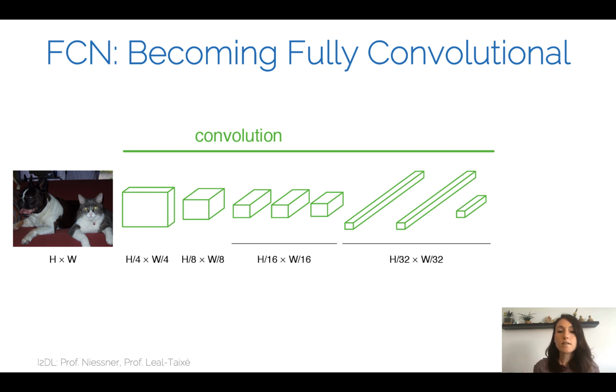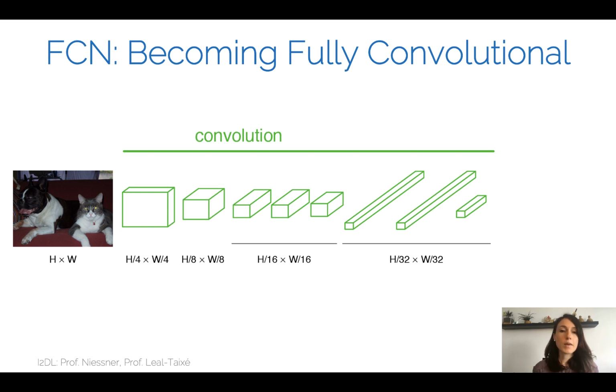The only thing that is going to happen is that my final representation might not have a size of 1 by 1 by the number of channels, but now has a size of h divided by 32 multiplied by width divided by 32, with the number of channels as depth. But I can still work with this representation. So having a fully convolutional network is useful because I can work with any image size.